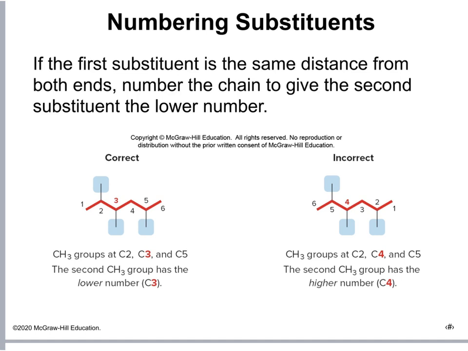If they're the same, so you have a tie, they're both on a 2 here. So which one do you go with? Well, this one gives us a lower set of numbers, 2, 3, 5. This is 2, 4, 5. So you see the 3, the second one would have a lower number, so this would be, once again, go left to right.